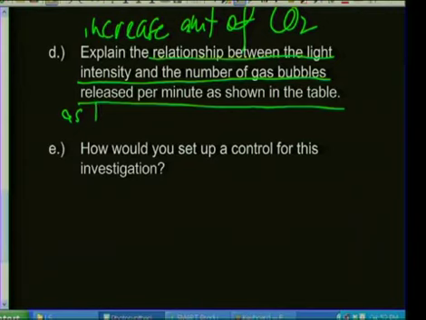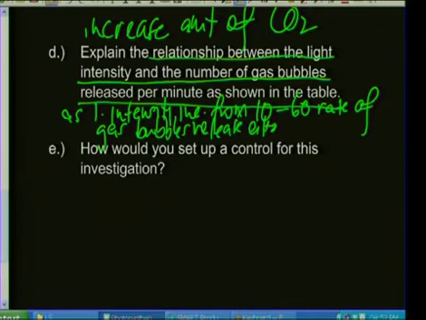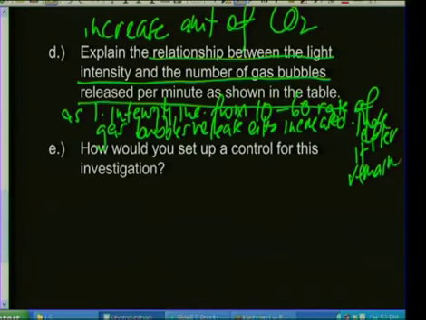As light intensity increased from 10 to 60, the rate of gas bubbles released also increased. Thereafter, it remained the same.